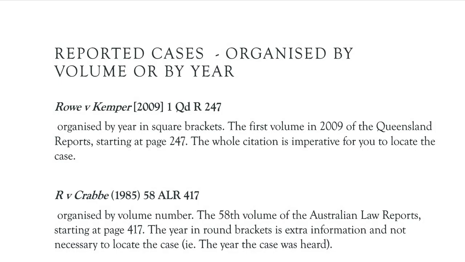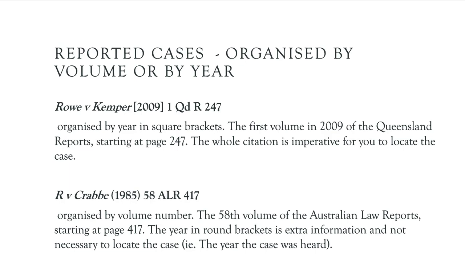Let's have a look at reported cases, and they're either organised by volume number or by year. So let's take a look at Rowe and Kemper. It is organised by year. To locate this book on a shelf, we would go to the section where the Queensland reports were held.